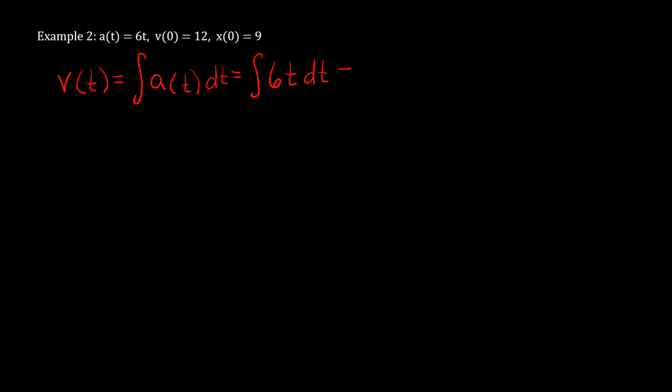Doing the reverse power rule, we add 1 to the exponent, so 6t squared, and then divide by the exponent, and since it's an indefinite integral, we need to add a constant, so that'll be 3t squared plus c.